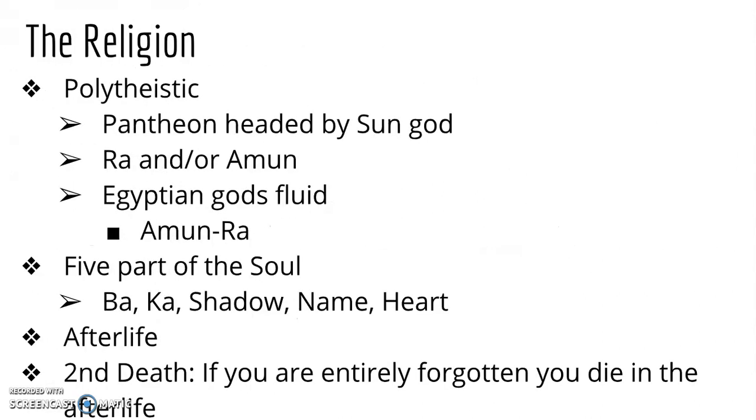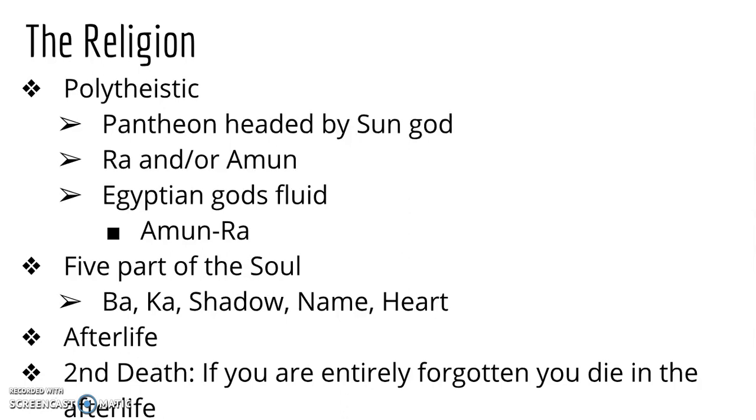Religion. So the Egyptians are polytheistic. They worshipped a pantheon of many gods, which was headed by their sun god. They actually had several sun gods, including Ra, and then also there was another important sun god known as Amun. Now, the Egyptian gods were somewhat fluid, so you could actually have cases where multiple gods might be combined.